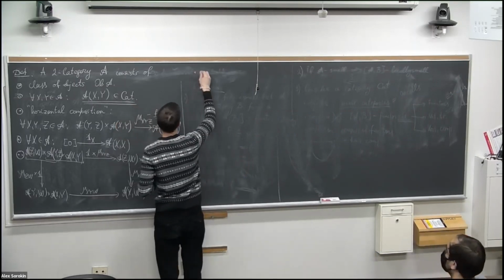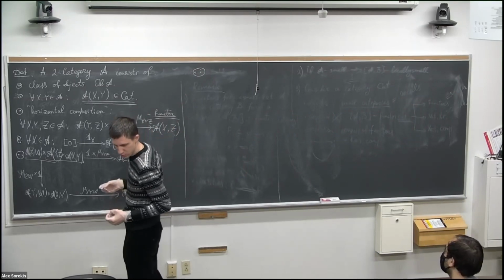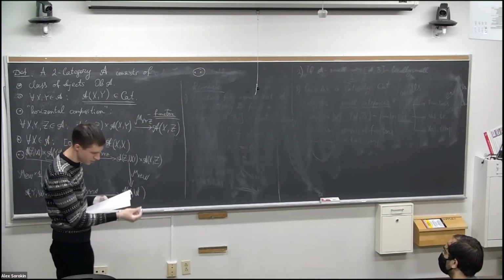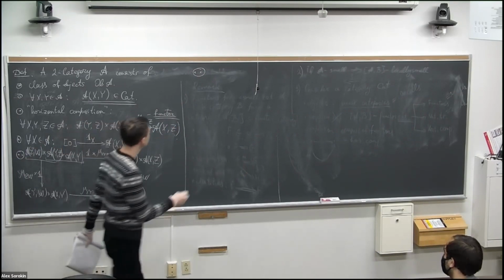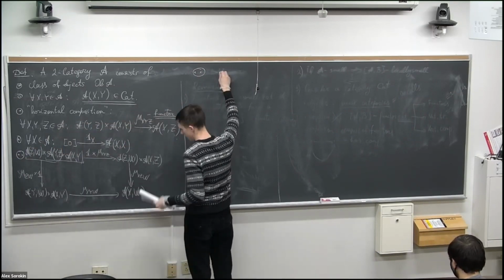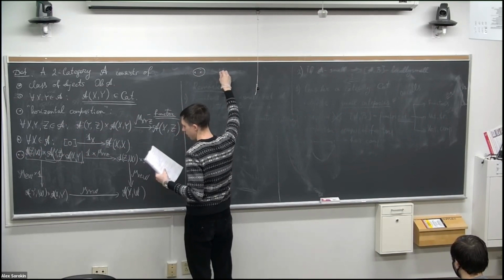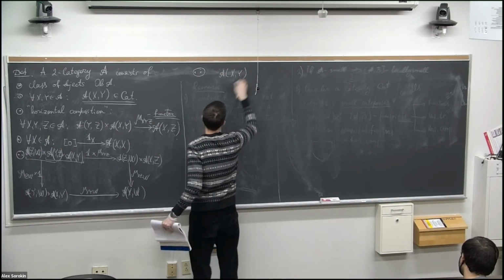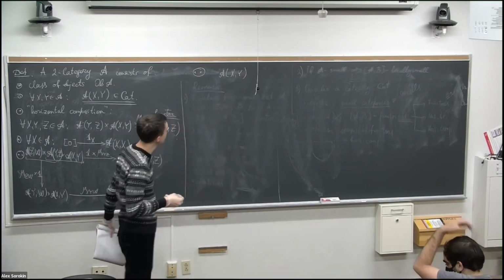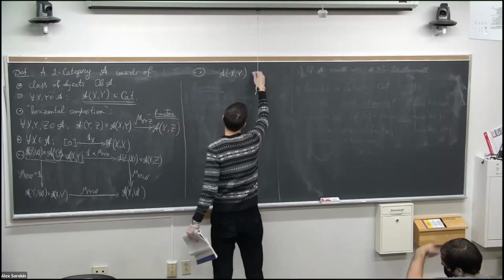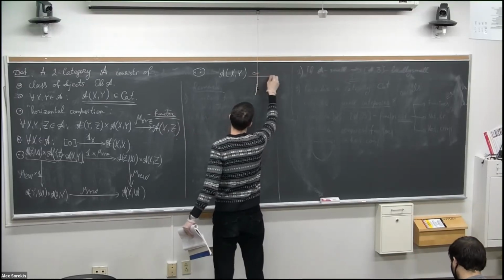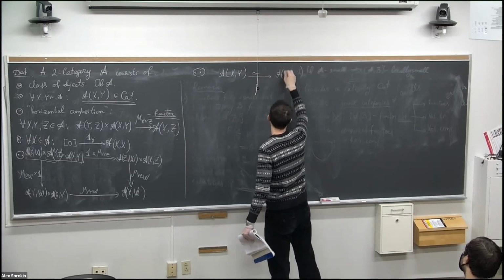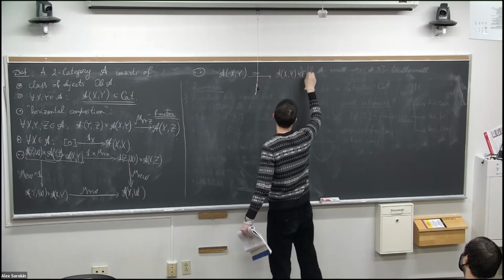Well, and another axiom. The axiom tells us that the composition with the identity should be trivial. So let's think in the following way. I'm taking the category of morphisms from X to Y, and that is the same as the category of morphisms from X to Y cross the trivial category.